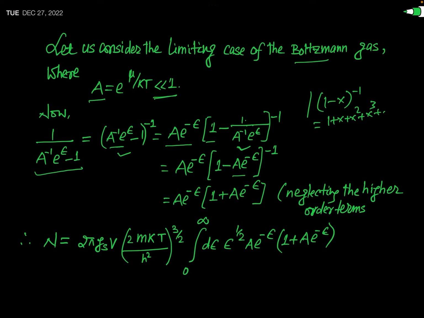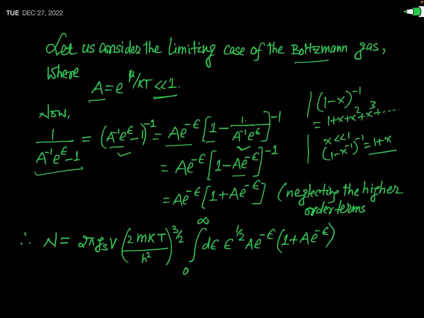But if x is much smaller than 1, in that condition this can be approximated like this. This is 1 plus x only, because all the terms of higher power will be negligibly small.